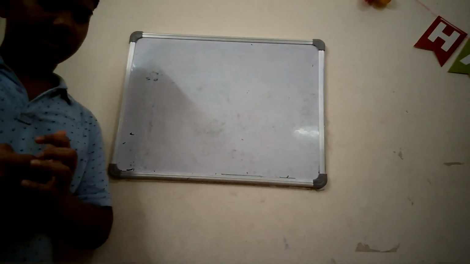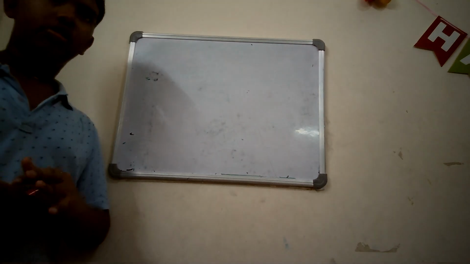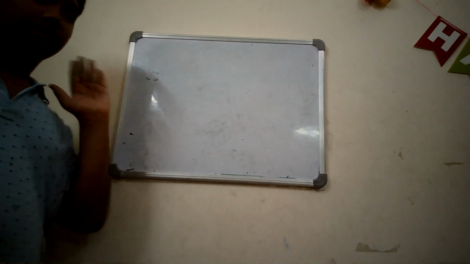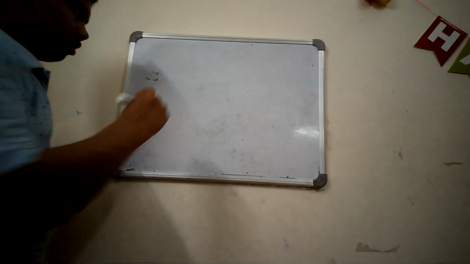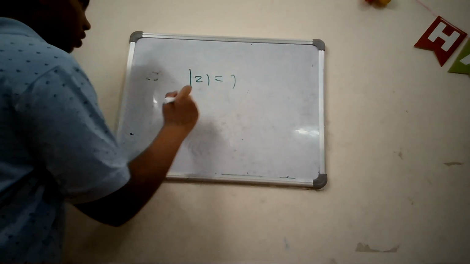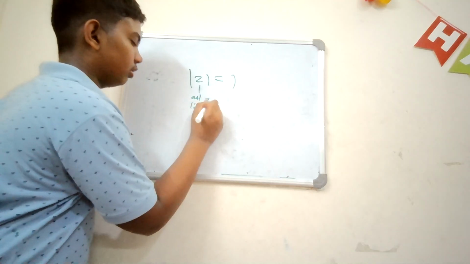Alright, there's also a concept called the unit circle. It's just a simple concept, you know. It's the concept where we have the modulus of a complex number being 1. So all z lies on the unit circle.